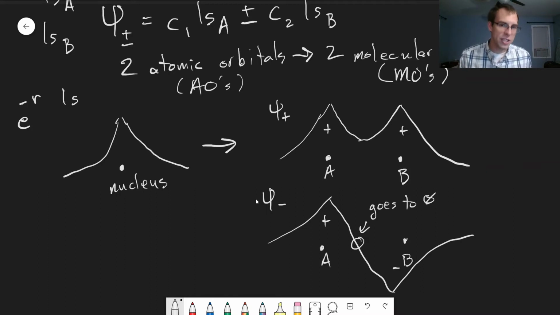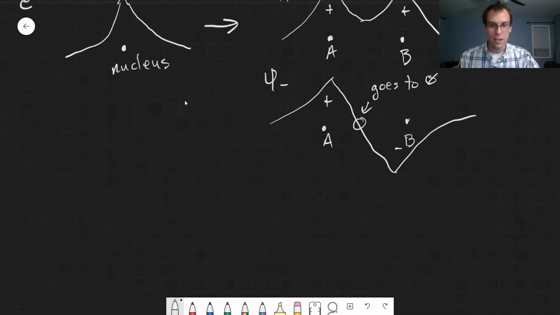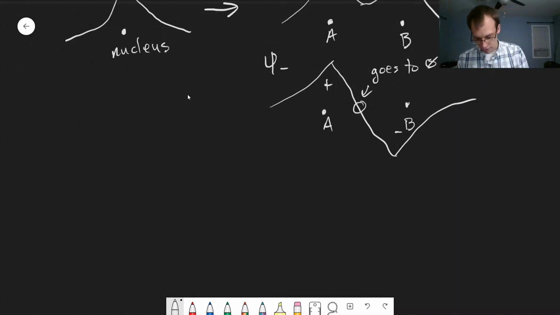Now let's look at the energies associated with these wave functions. If we want to find these energies, we know how to do that. We use variational theory. We can write out that the energy for these plus and minus wave functions will depend on the internuclear distance, the bond length.